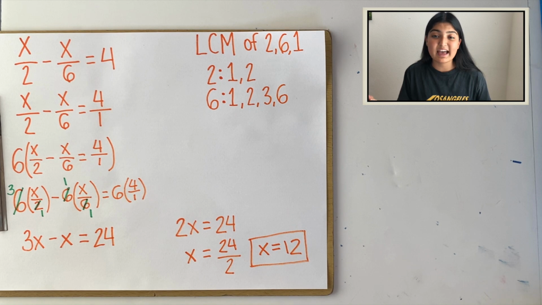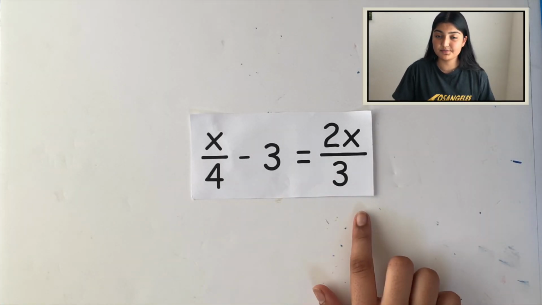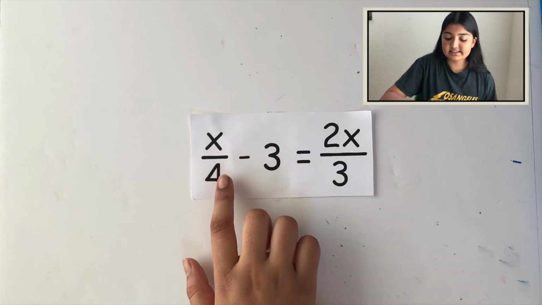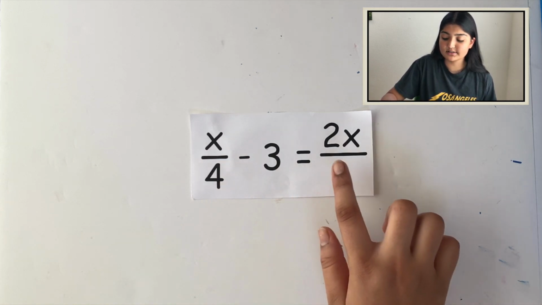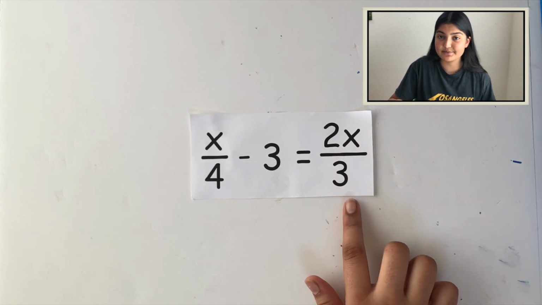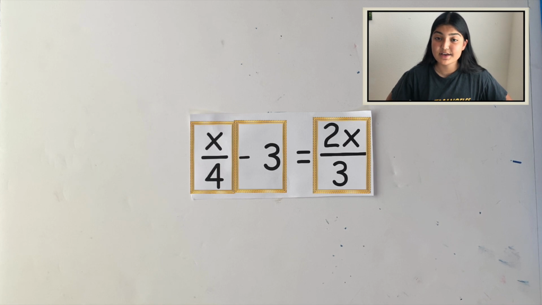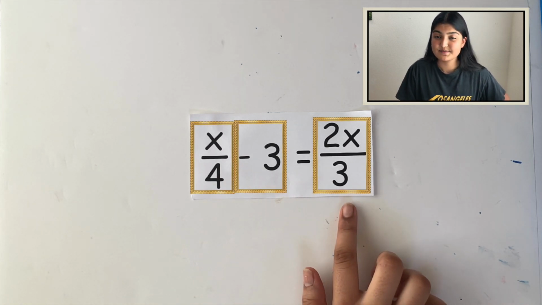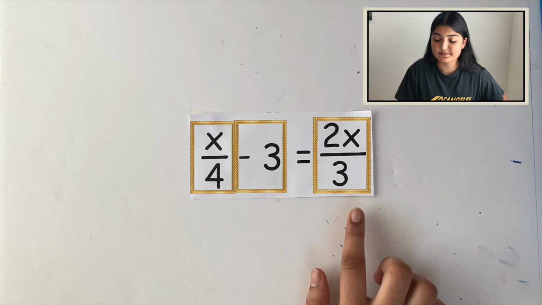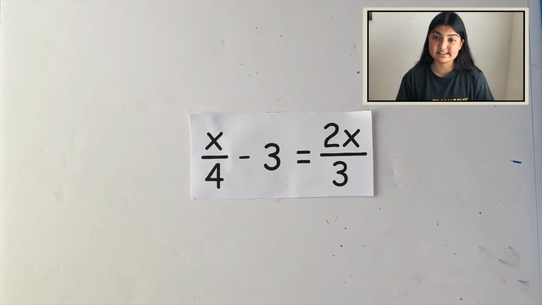Now, let's look at another example. Here's another equation. x over 4 minus 3 is equal to 2x over 3. This equation also has 3 terms. And as you can see, x is the variable in this equation.